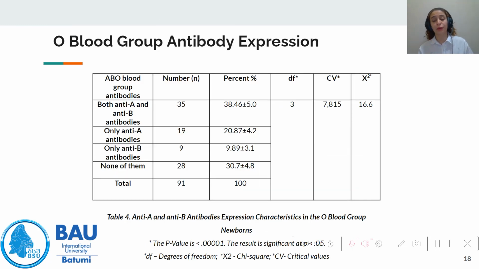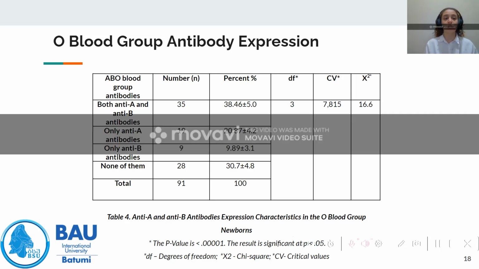And one more thing that we were very interested in is the antibody expression in the newborns and how it is different between newborns and adults. Starting with the O blood group, we expect to find anti-A and anti-B antibodies.